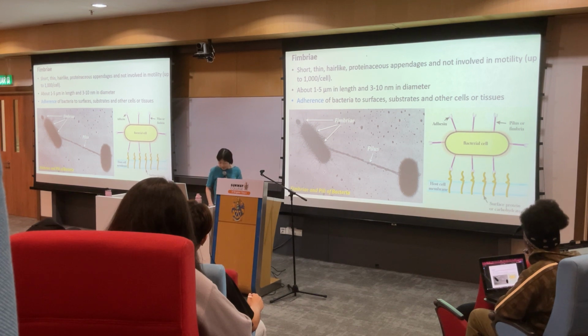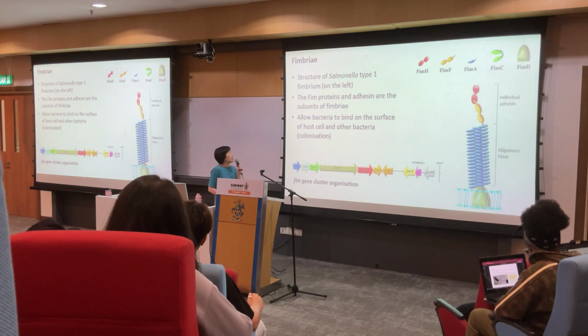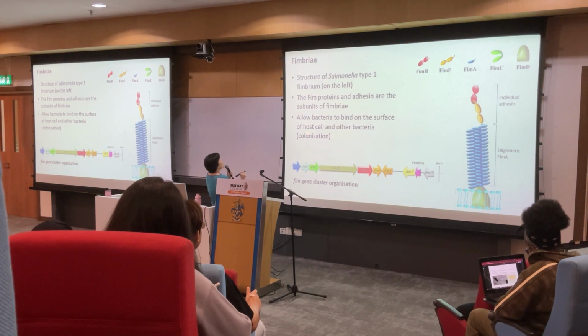Now, a little bit about the structure of the fimbriae. They have found, let's say, in the Salmonella type 1 fimbria, this is one type of fimbria in singular, one of this.